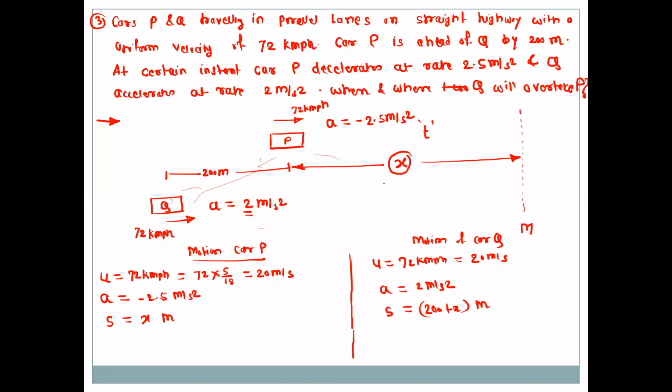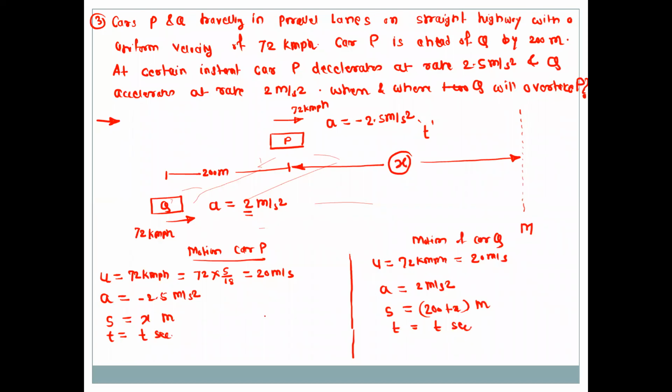And during the same time interval, car Q will cover 200 plus x meter distance. So the time interval will be the same for P to M and for Q to M. So time t for the motion of the car P is t second, and it is the same for the motion of car Q.